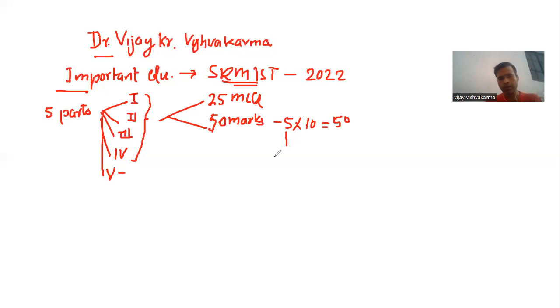The 5 questions will be the major section, and I will discuss how unit first, second, third, fourth, and 5 take part to cover this major section, meaning 50 marks. So let us start from the beginning, from unit first.